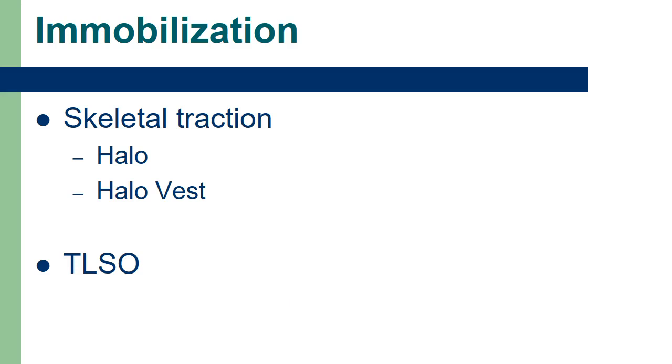Your book goes on to talk about immobilization methods in somebody with a spinal cord injury. So you can have somebody in skeletal traction. They might have a halo. Okay, they might be in cervical traction, and it's going to be important to note how to care for these patients.